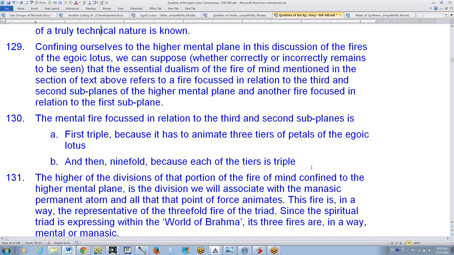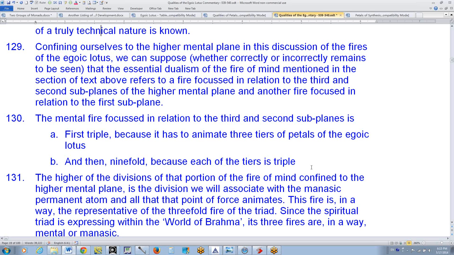The mental fire focused in relation to the third and second subplanes is first triple, because it has to animate the 3 tiers of petals of the Egoic Lotus, and then ninefold, because each of the tiers is triple. So there's a ninefold fire and a threefold fire.